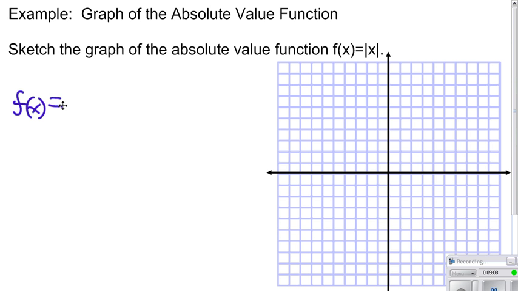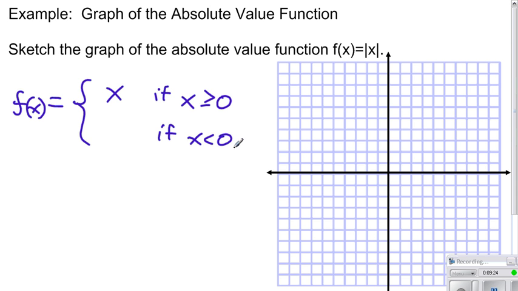We could say if x is greater than or equal to 0, it doesn't do anything, it doesn't have to change it because they're already positive. But if x is less than 0, it has to change the sign. So we can do that just by saying negative x. The negative would change the sign and make it positive.